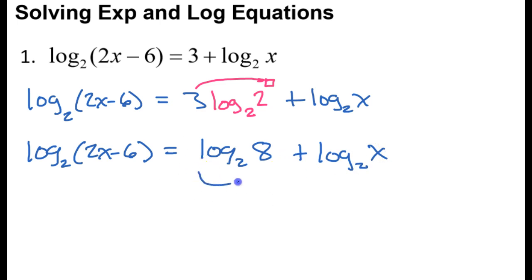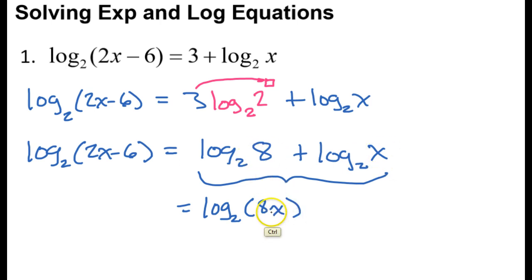Now I can use the product rule to combine these, and when you have the sum of 2 logs, they combine using multiplication. So this will be log base 2 of 8x. Alright, addition condenses down to multiplication.